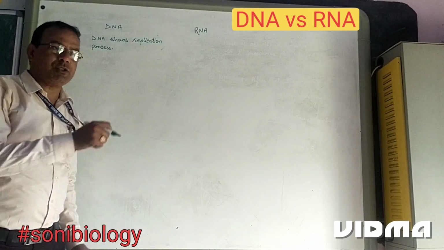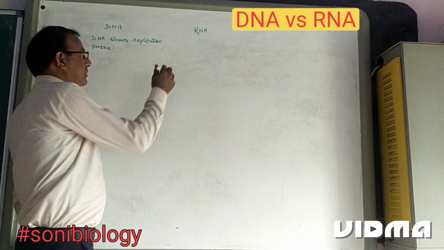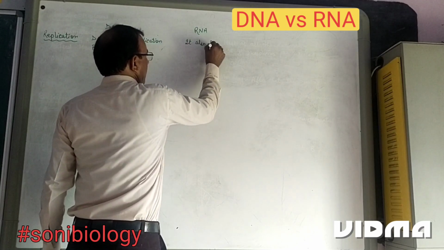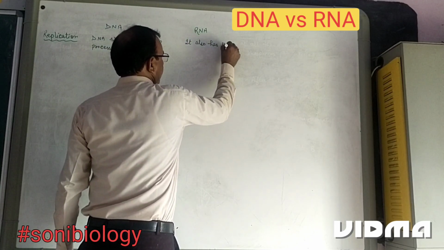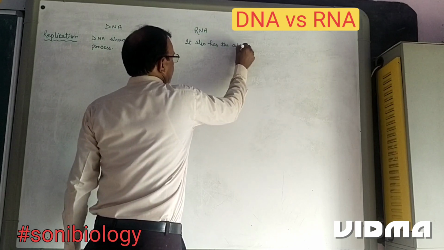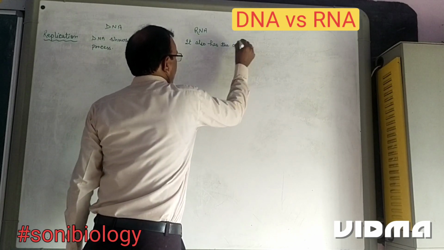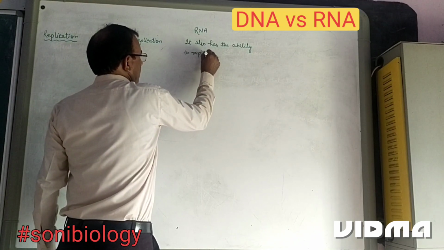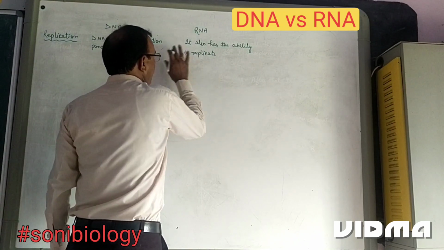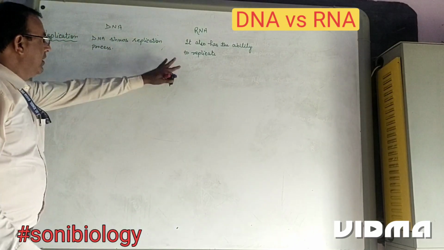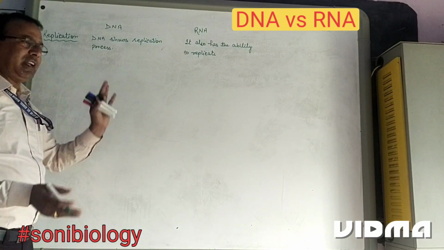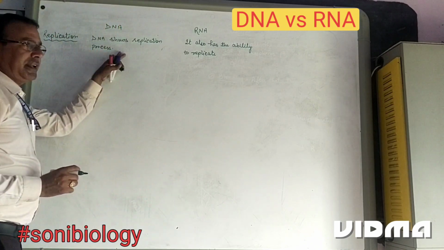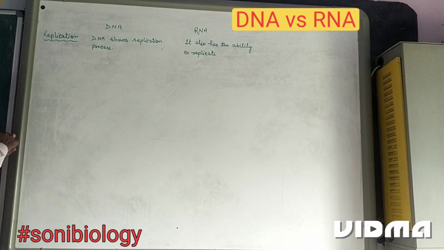RNA also has the ability to replicate. So on this basis, we cannot differentiate which one is the genetic material. There are some similarities and dissimilarities. This is the similarity. Next one is mutation.